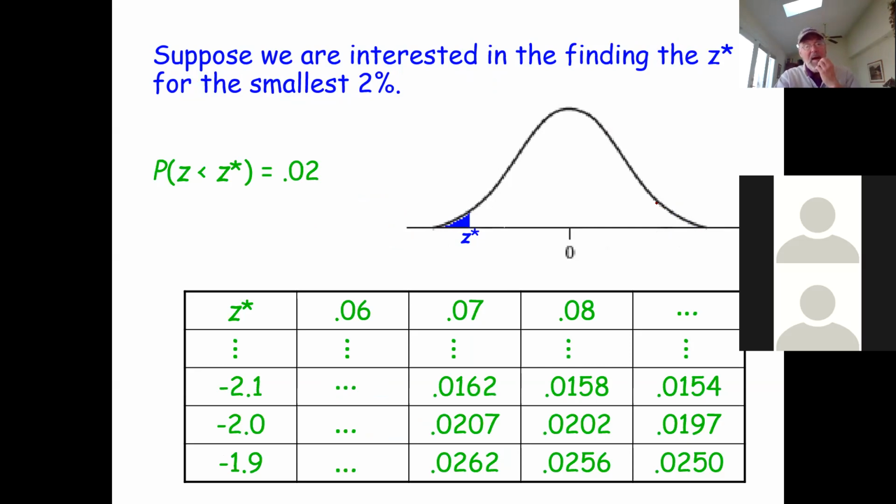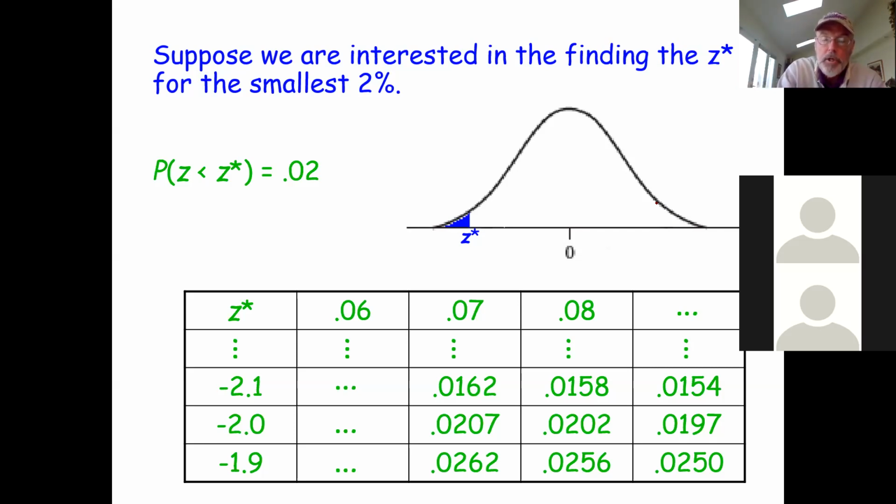All right, so we go to our table. We look up the table, and we're thinking about the closest number that we can get to 0.02.